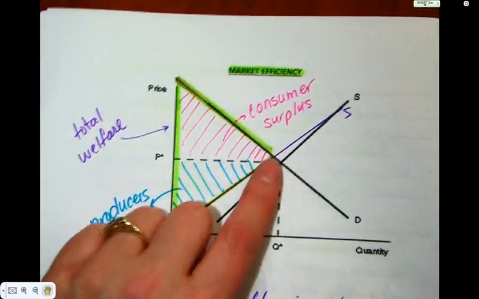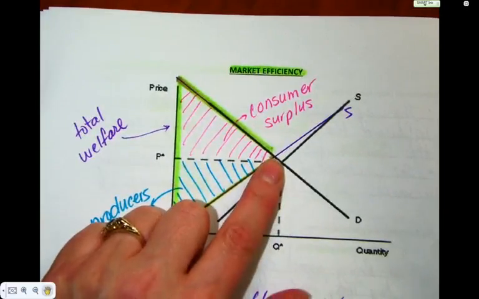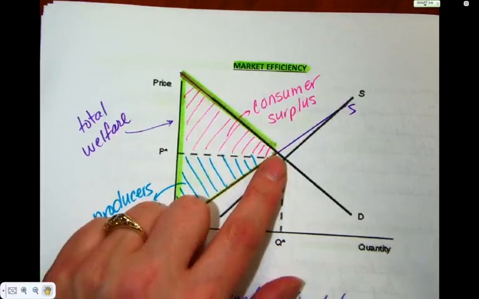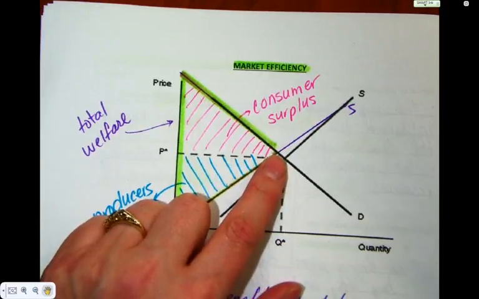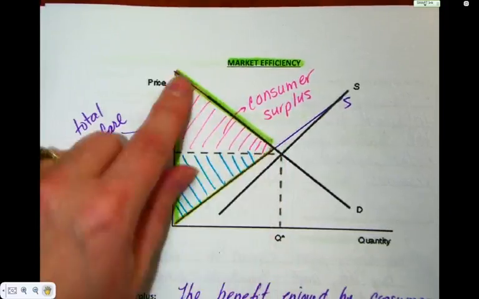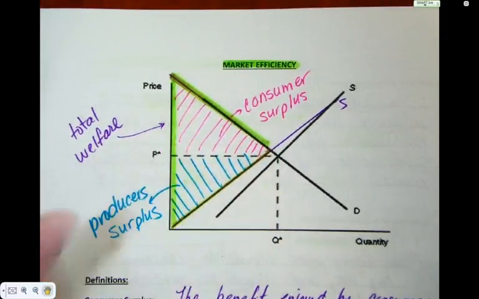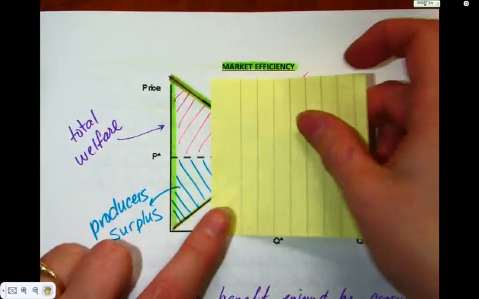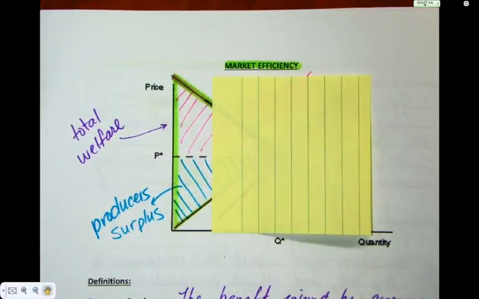So what that means, if we go back and look at the diagram, we know that things cause supply to shift and demand to shift. Sometimes it's changes in price, sometimes it's all those other determinants we looked at. So what happens is the market goes in and out of equilibrium. So I want you to just look at the shaded pink region for now. Well, let's say I made the price way up here. Now look at the area of the shaded pink region. Is it smaller or is it larger?